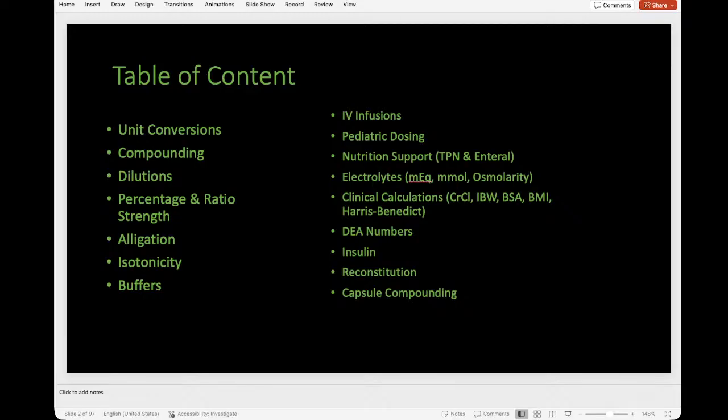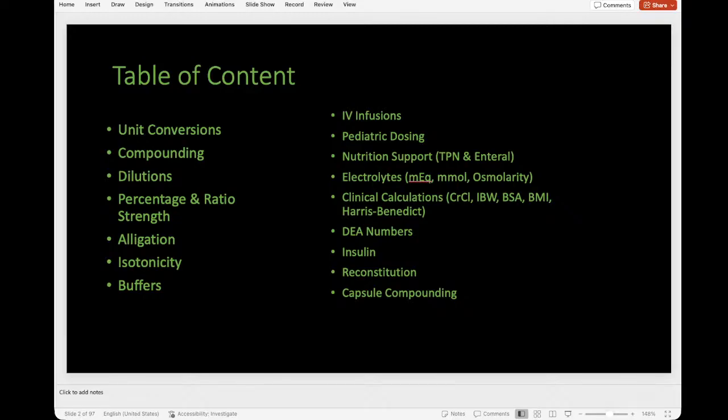You're going to need to know how to calculate creatinine clearance, the ideal body weight, the surface area and the body mass index, and applying Harris-Benedict equations as well. We'll talk about the stress factor and activity factor used in this equation as well.